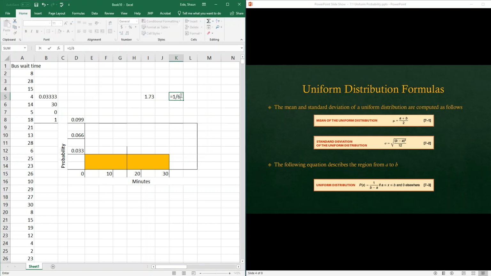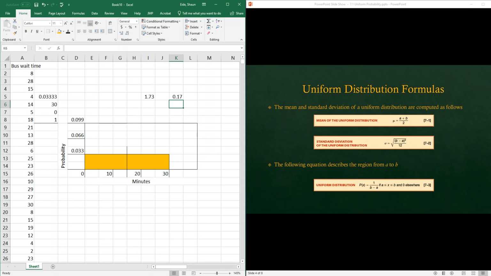Equals 1 divided by 6, which is 0.17, is the probability of being within 1 minute, being in one of those 1 minute increments. Okay, so it starts at 2.